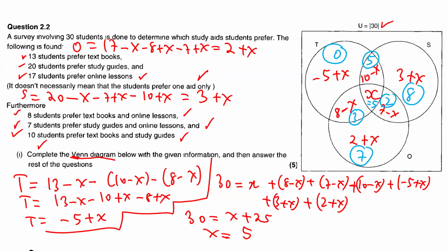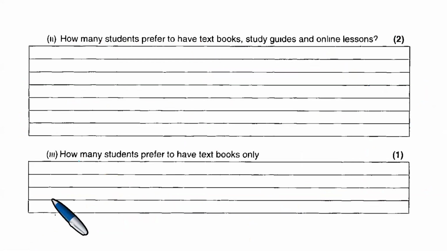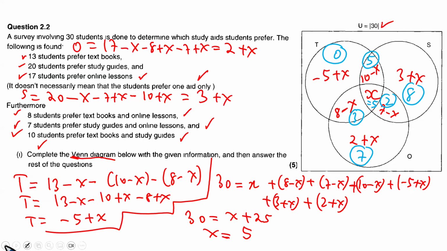The next question is very easy and straightforward. How many students prefer to have textbooks, study guides, and online classes? 2 marks. We can look and see that those students are exactly 5 in number.